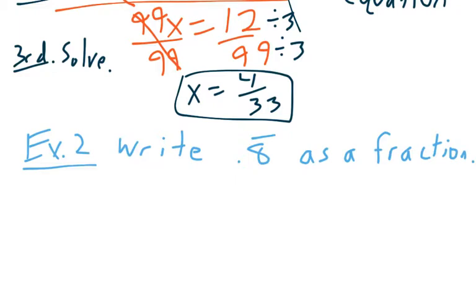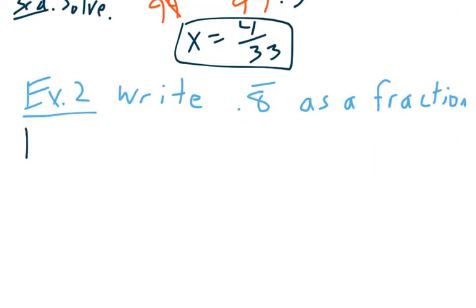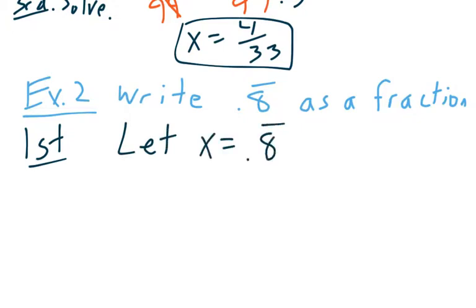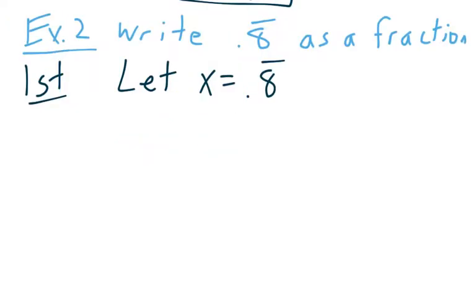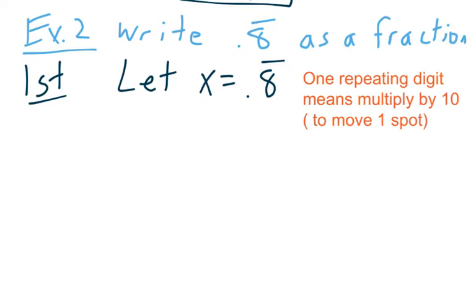All right, well, our first step is we're going to let x equal the repeating decimal. And then one repeating number means we multiply it by 10 to move it one spot. So just think, times 10 is going to move that over. So one repeating digit, just multiply by 10 to move it one spot.